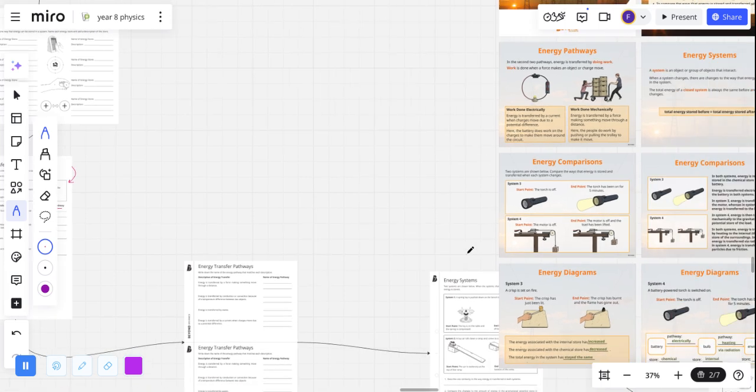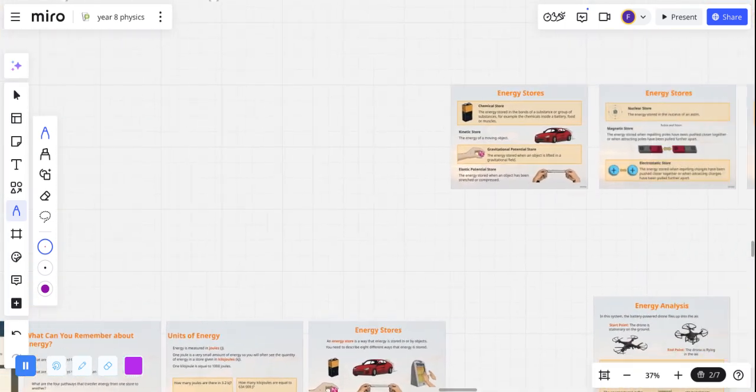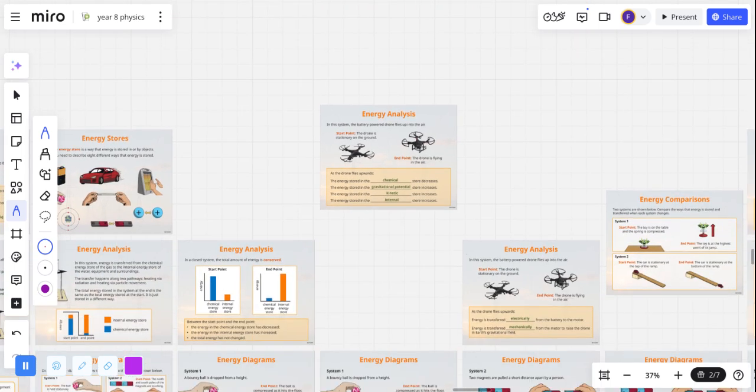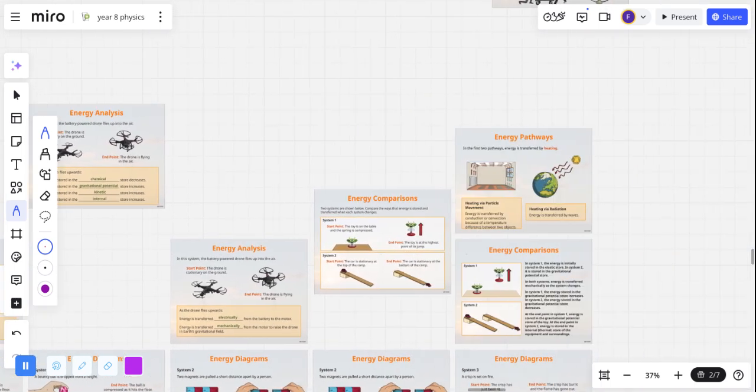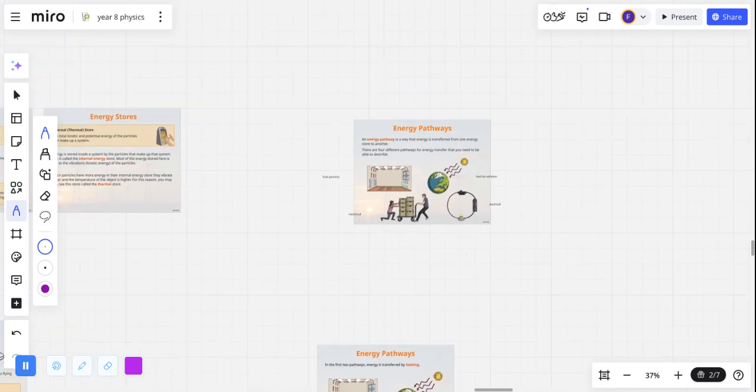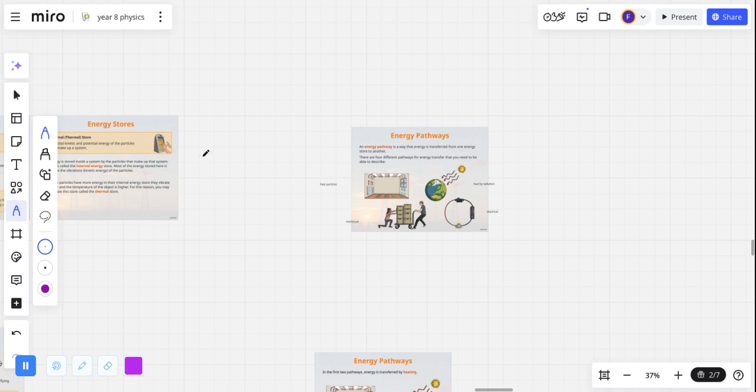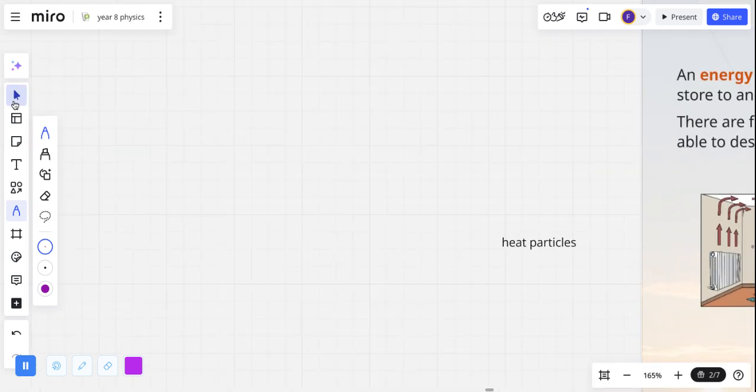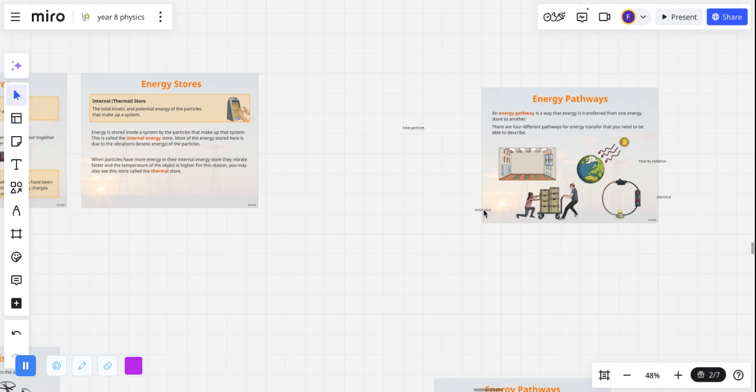The names, and I'm going to type them out. Where's energy pathways? Oh, here it is. I wrote them here. So I'm just going to zoom in. And I was absolutely horrified. It's not even like they're close.